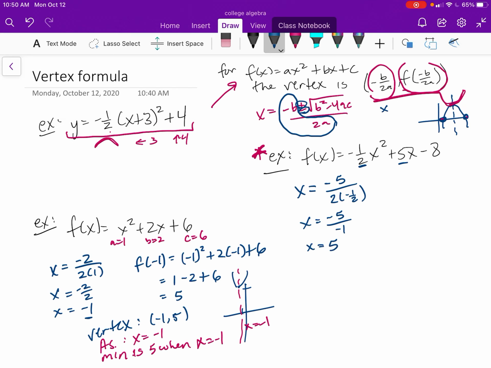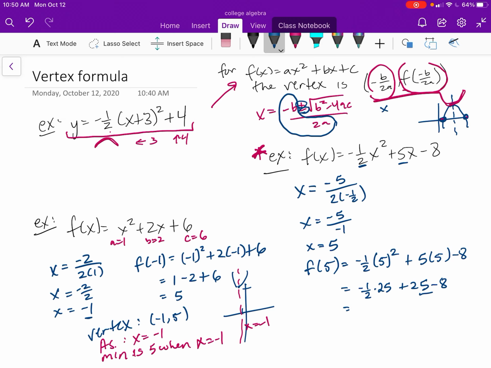So now we have to substitute 5 in, f of 5, right? Plug that in: negative 1/2 times 5 squared plus 5 times 5 minus 8. So that's negative 1/2 times 25 plus 25 minus 8.